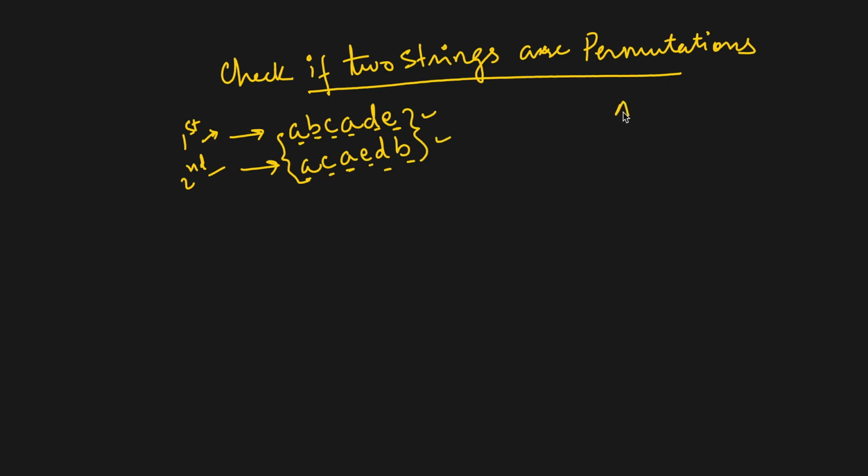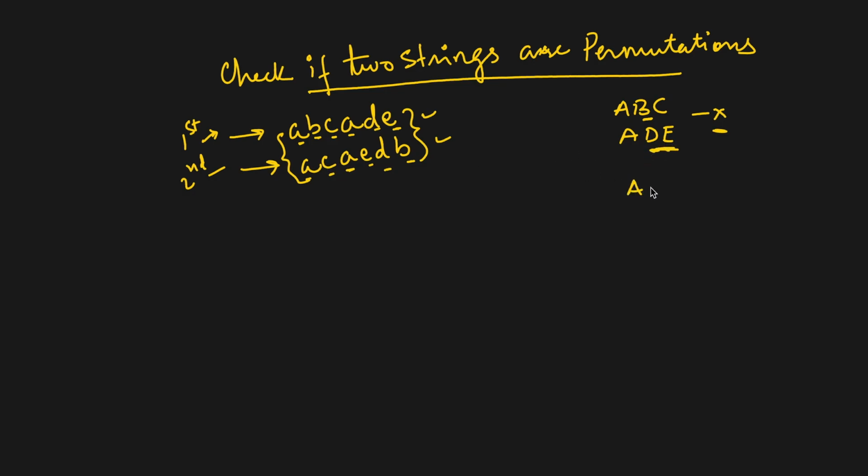Now let's say we have a b c and a d e. These two are different strings because here we have b and here we have d, so they are not permutations.